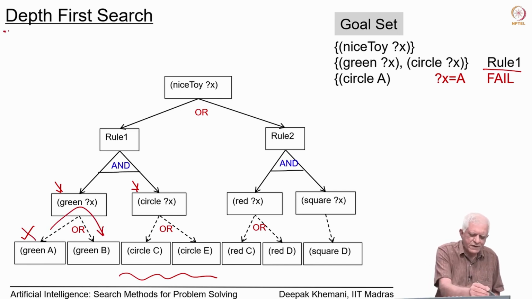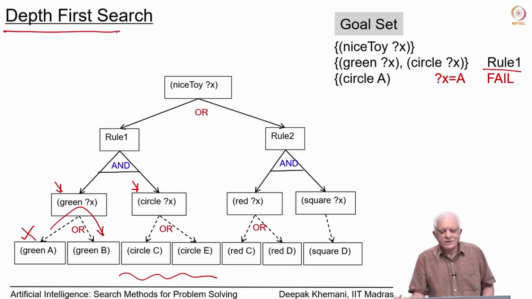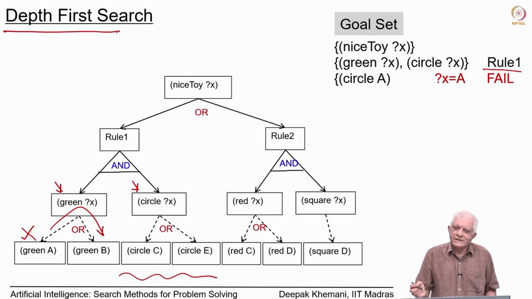So, it is doing one of the first algorithms we studied, which is depth first search. In fact, depth first search is the way that a Prolog search engine works essentially, or a Prolog interpreter works essentially. So, it goes and tries this, okay, says yes, I have another green object here.